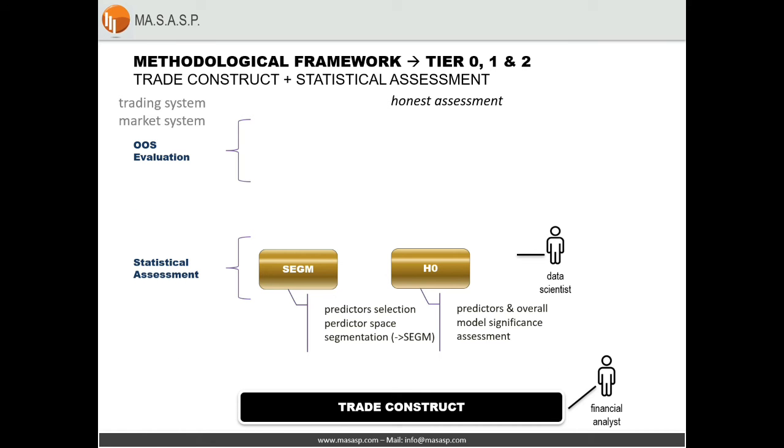Then we have the Oos Evaluation Gear, which stands for out of sample evaluation. The test component tests the model on a sample other than the sample utilized for building the model itself.